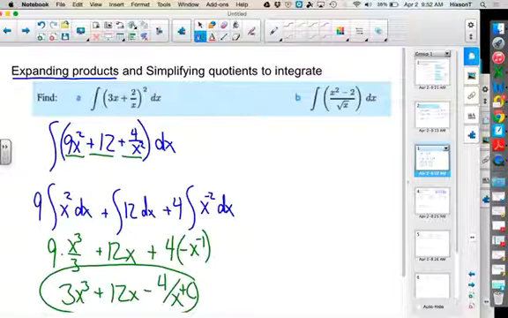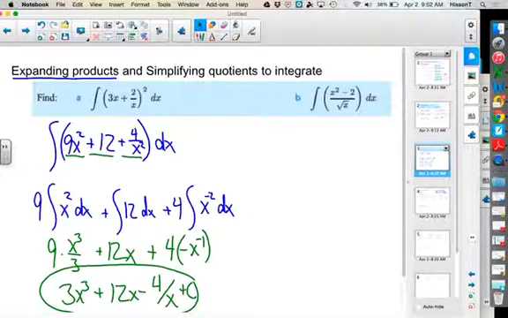Okay? But we couldn't do that without FOILing it out first. Are there any questions about any of those steps in there?